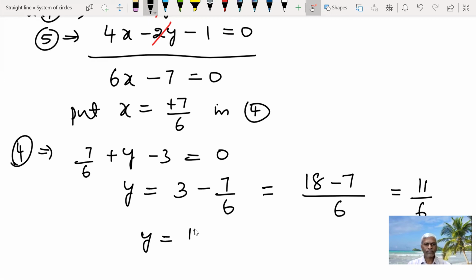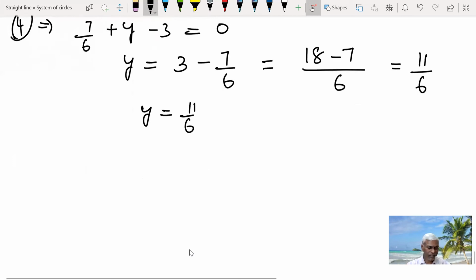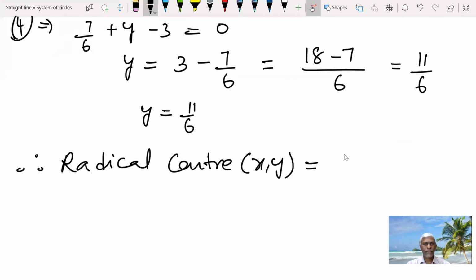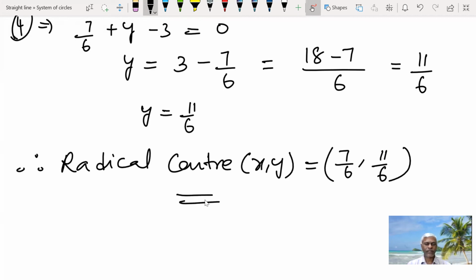Y value 11 by 6. Therefore, the radical center is minus 7 by 6 and 11 by 6.